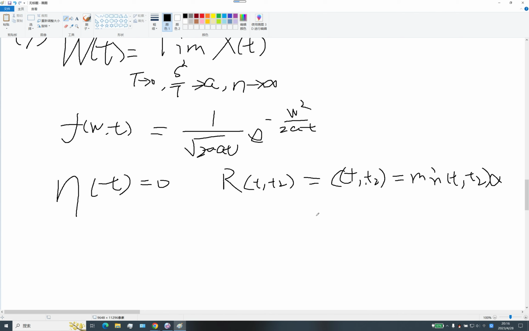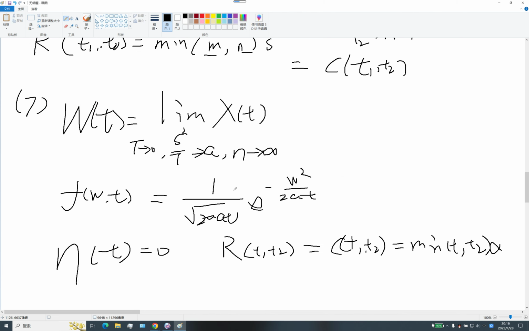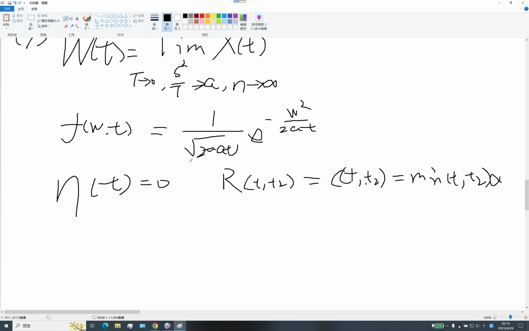So this is the Wiener process, and it is similar to the random walk, but it goes to more like a long time, and in a short time interval it is a random walk signal.